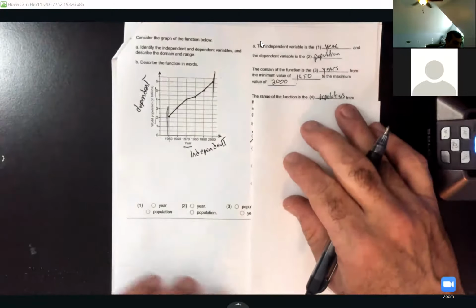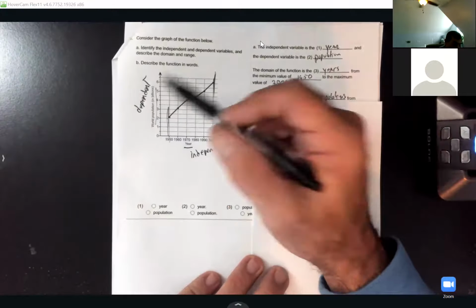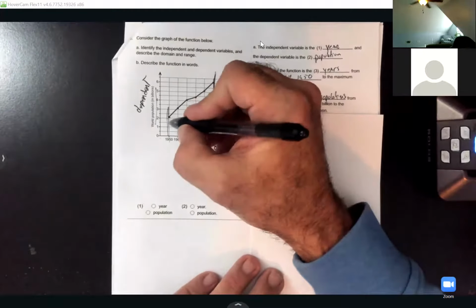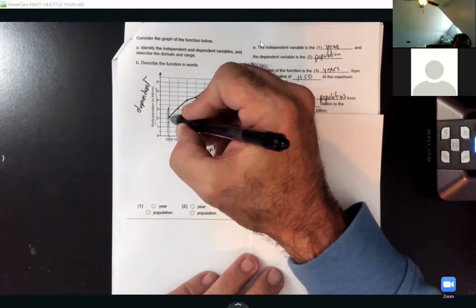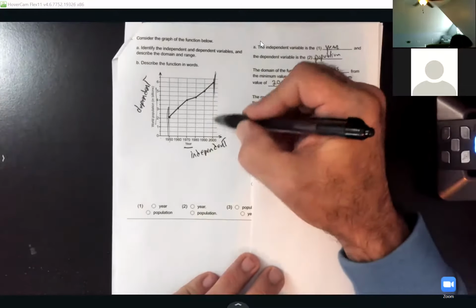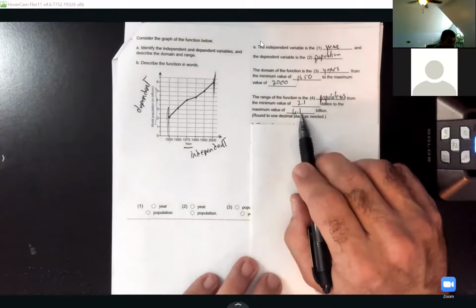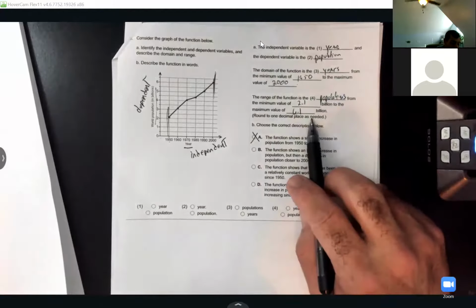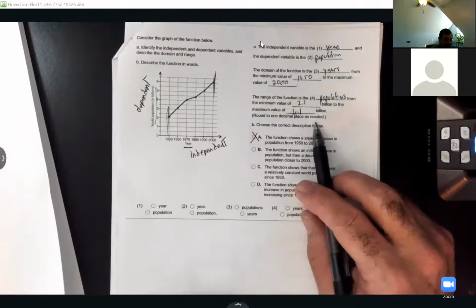Then y'all, they come in and they said the range, that's the Y values, is the population from the minimum of, so they estimated that to about 2.1. And it went all the way up here to what they use, 6.1 on that. All righty. And see, they say round to 1 decimal place as needed.